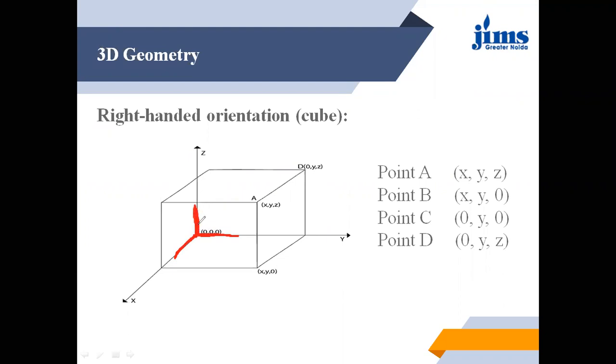This is the z-axis. In 2D, we were discussing x and y only, meaning these were on a single plane. You can consider that this is the floor of the room, then these two are in the same plane.